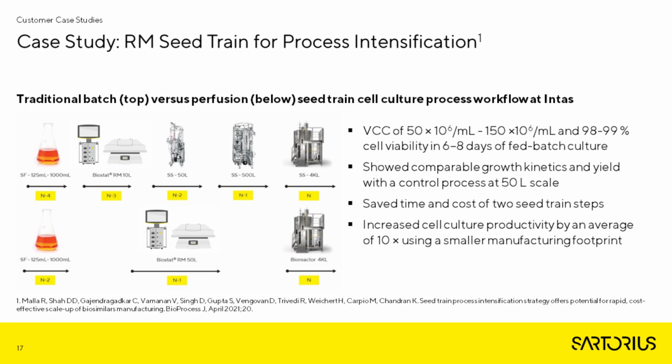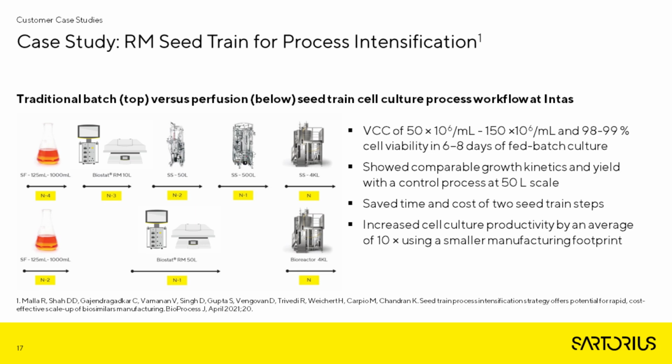We were able to achieve viable cell concentrations of 50 to 150 million cells per ml, and cell viability was 98 to 99% in a 6 to 8 day process. We are also showing a very comparable growth kinetic and yield compared to the control process, or the incoming data that we had.